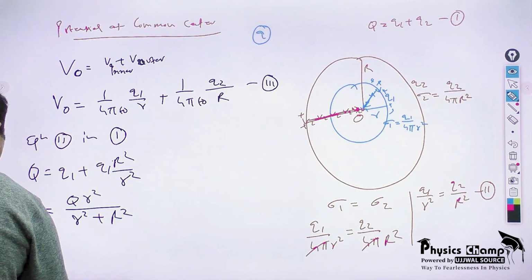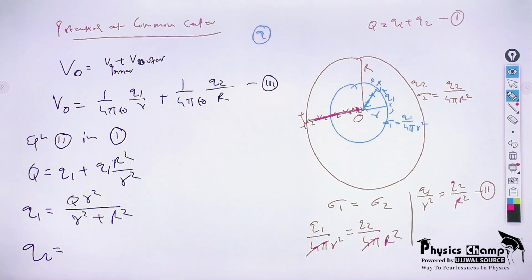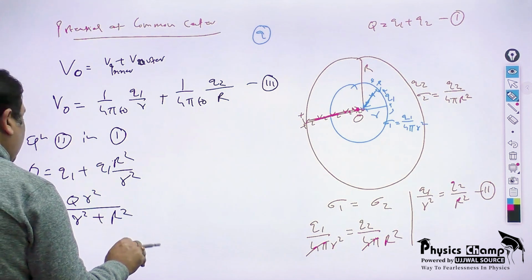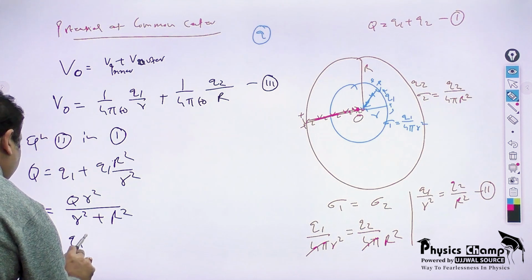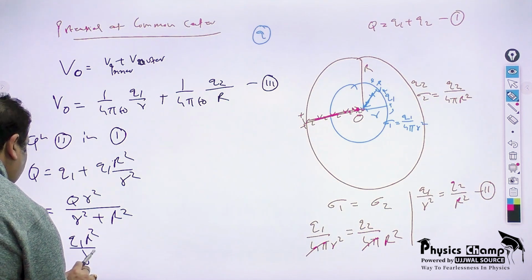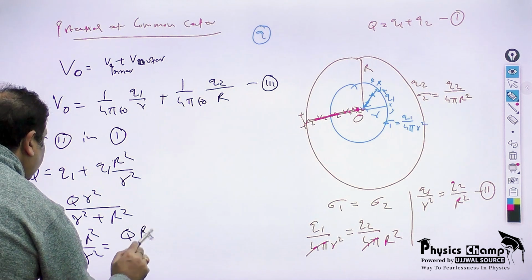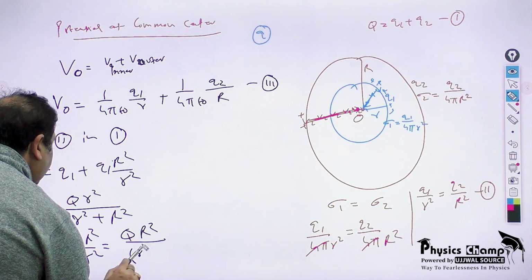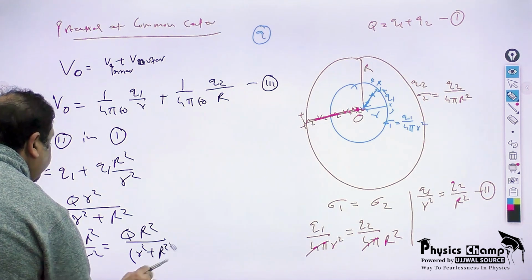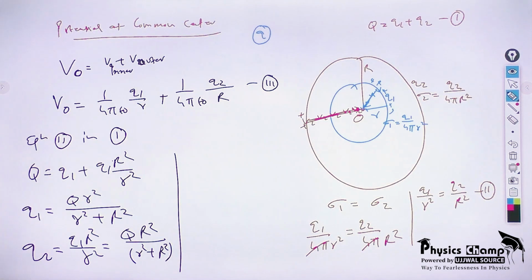And similarly, Q2 can be calculated as Q1 capital R square by small r square. That means Q2 will be Q capital R square by small r square plus capital R square. So I put the value of Q1 and Q2 here.